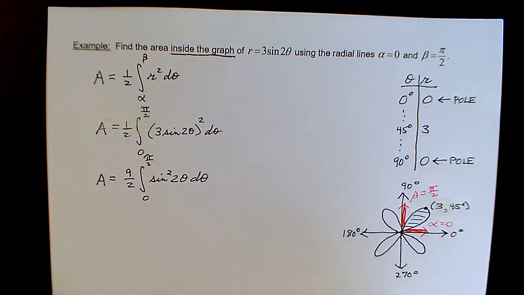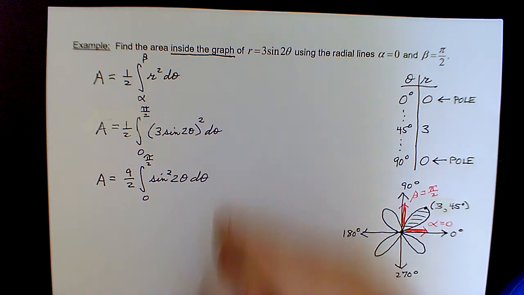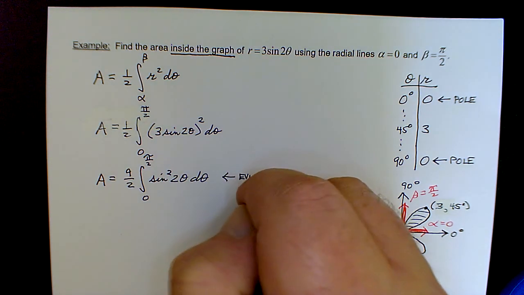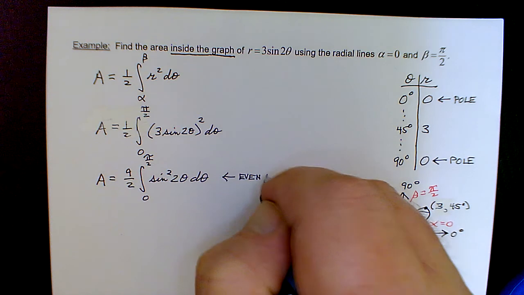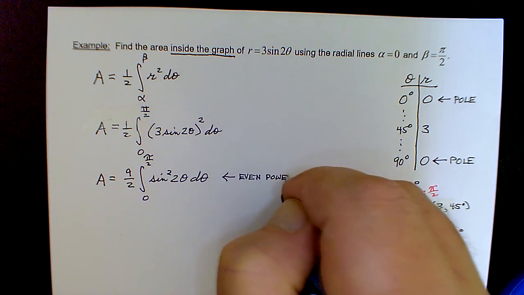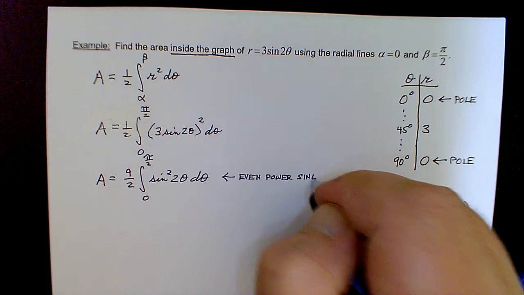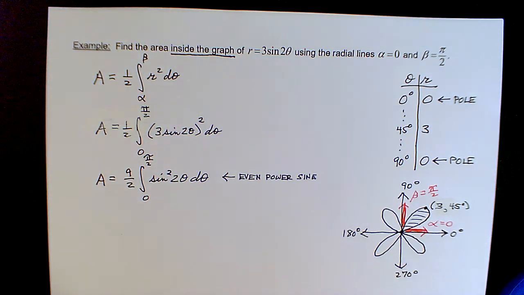And this is what makes this problem an excellent problem for the final exam, because what we have here is an even power of sine. Even powers of sines and cosines come up quite frequently in applications as you go on in your engineering.